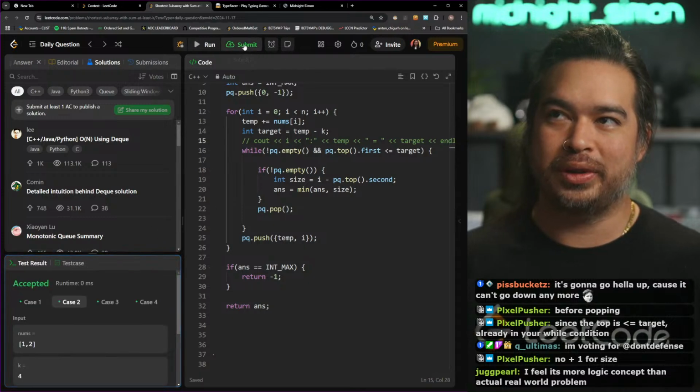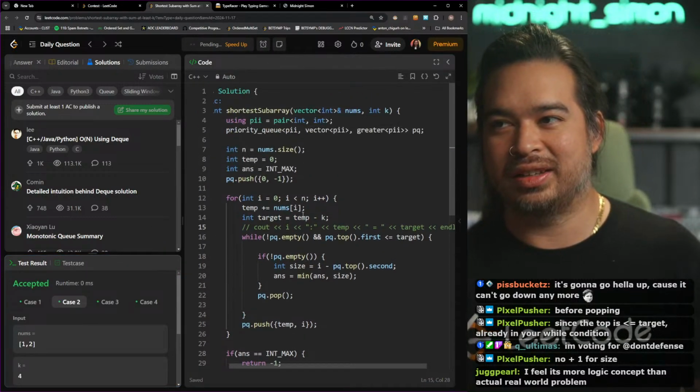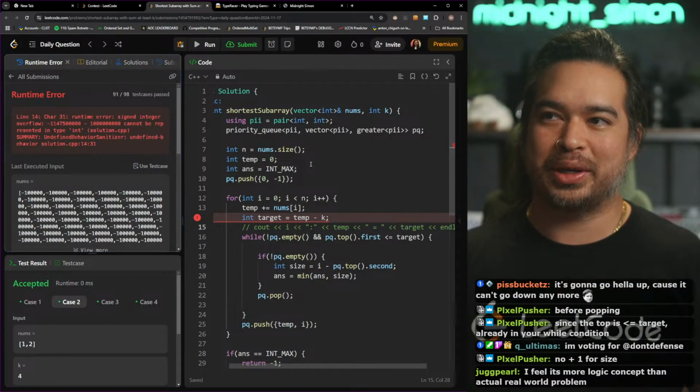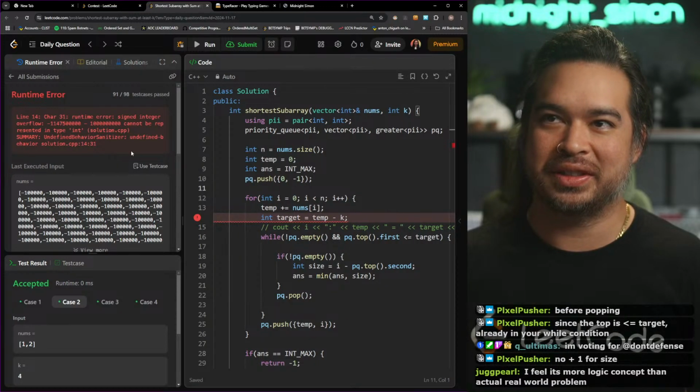Well, people don't do LeetCode to try and solve real world problems. This is not about solving real world problems. This is about solving fun puzzles.